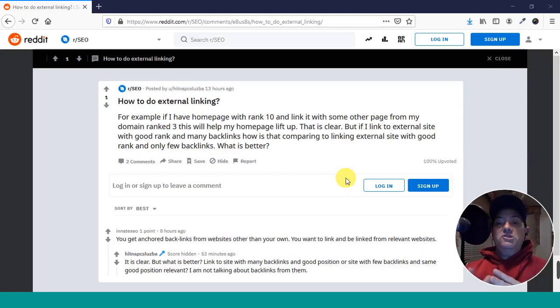They're saying, how does that compare to linking to an external site with a good rank and a few backlinks? Which is better? Do you want to link to a page that has a lot of backlinks and a good rank, or link to an external site with good rank and only a few backlinks?